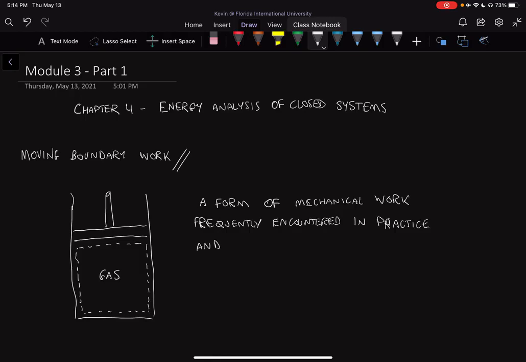And that is associated to expansion or compression of a gas in a piston cylinder assembly.